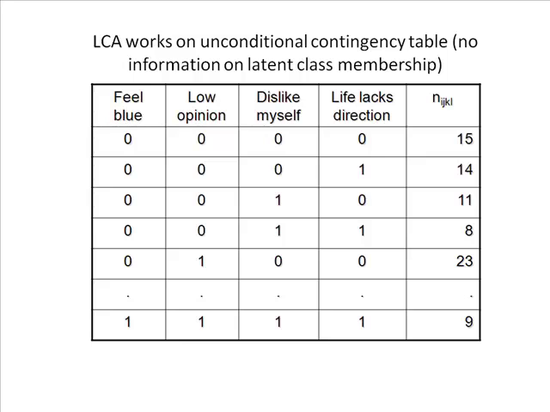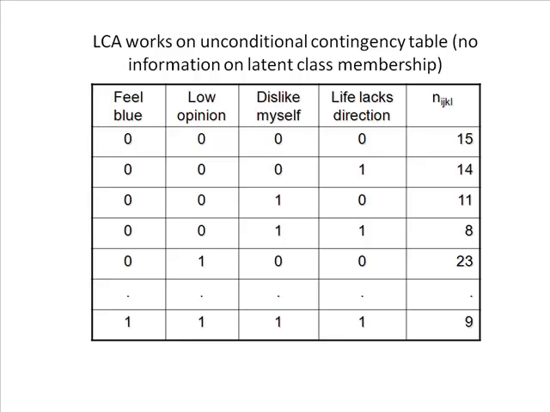So what's the raw data which we use to fit these latent class analyses? Well, it's a contingency table, like contingency tables that you're all familiar with. Here we've got the 4 observed variables: feeling blue, having a low opinion of myself, I dislike myself, and my life lacks direction. Here, I'm assuming that these are just binary indicators. So somebody that scores 0 is not feeling blue. Somebody that scores 1 is feeling blue.